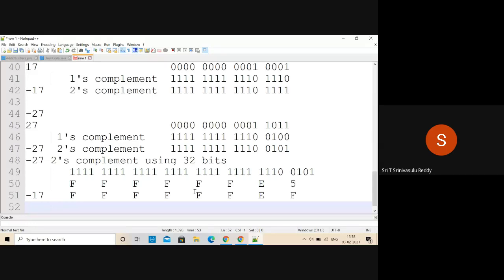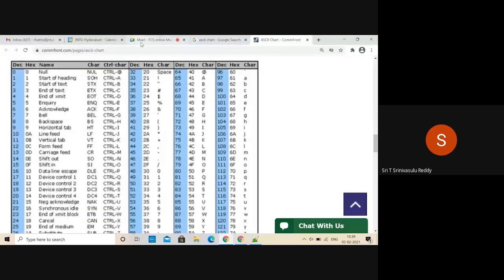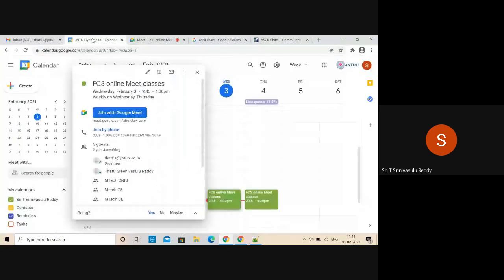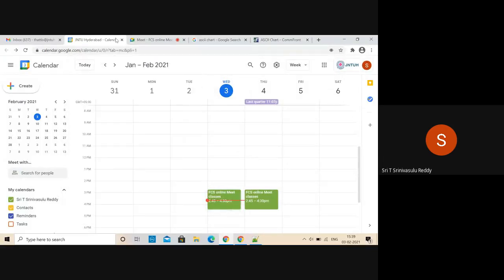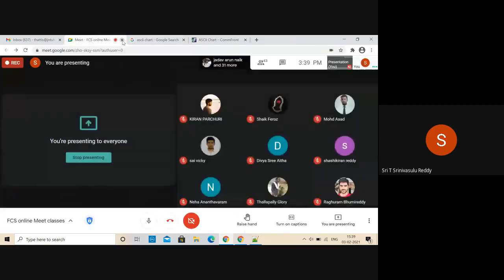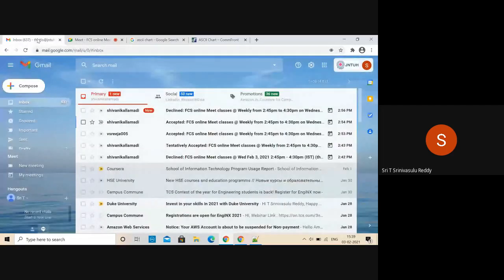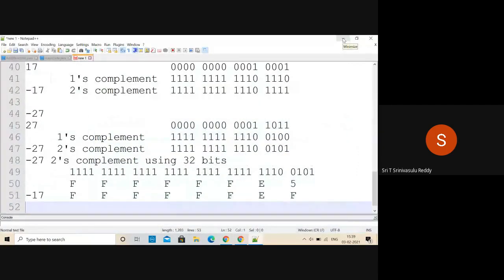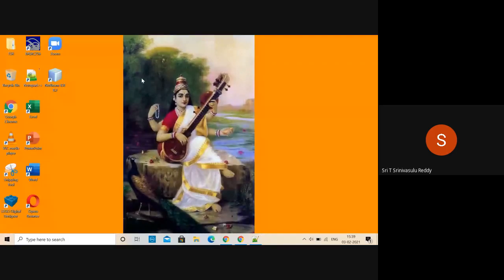We can verify all of them by an online system. You can easily verify all of that using an online tool.